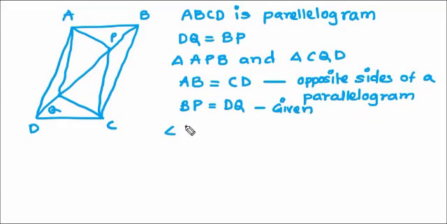And because they are alternate interior angles, AB is parallel to CD and BD is a transversal. And in that case, this angle is going to be equal to this angle because they are alternate interior angles.